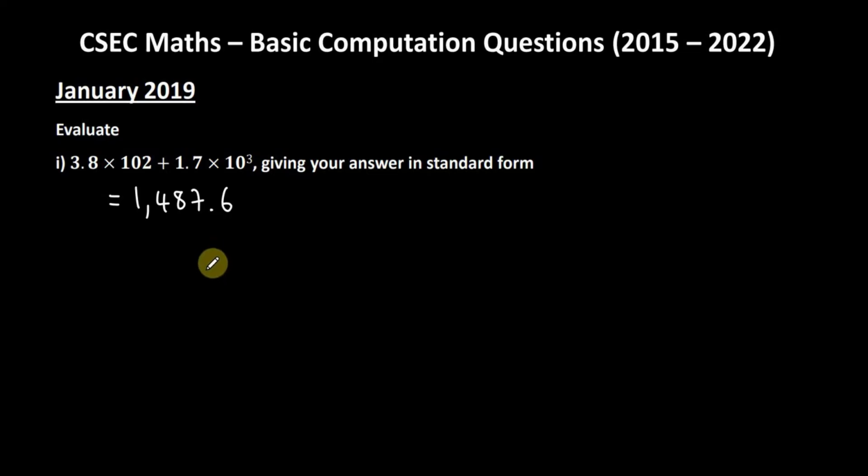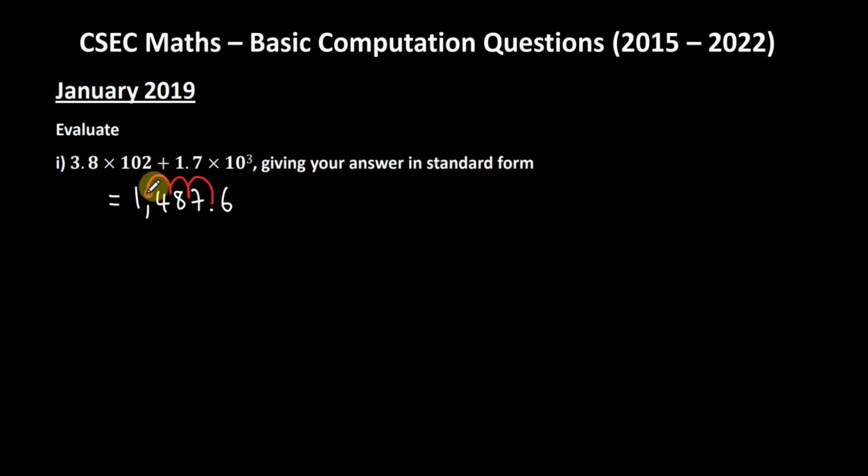Now the thing about standard form, guys, is that it allows you an easier way to write very small digits or very large digits. Now the thing about writing a numeral in standard form, guys, we only want 1 digit to the left of the decimal point, which means we're going to be moving this decimal point here until we only have 1 digit to the left of the decimal point.